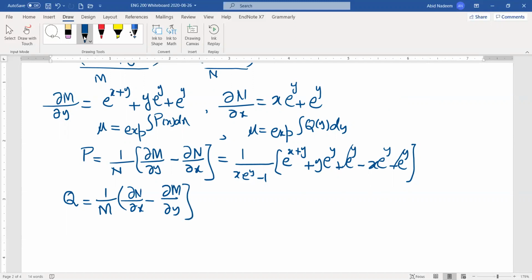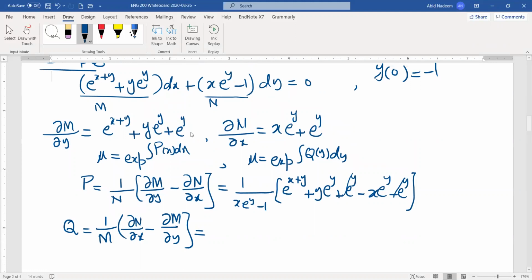M is equal to e power x plus y e power y.